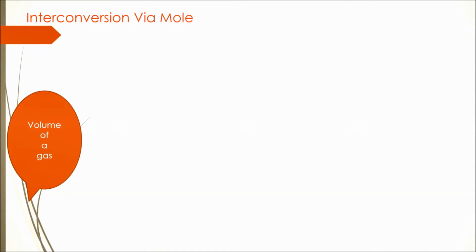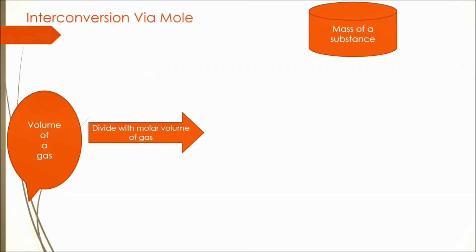But when you don't have mole but still want to convert a volume of a gas into mass of a gas, how? You must first get the mole. So in this calculation, to convert volume of a gas into the respective mass of the substance, you have to calculate mole first.